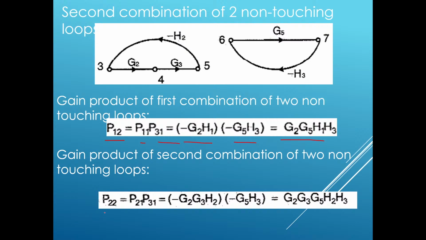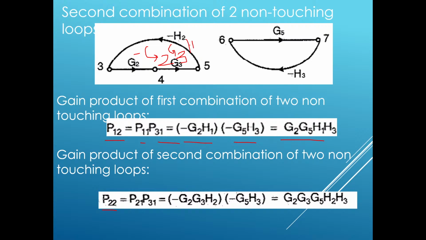Similarly, what is P22? It is the gain product of loop 2 and loop 3. What is the loop 2 gain? It is G2 G3 into minus H2, that is minus G2 G3 H2.